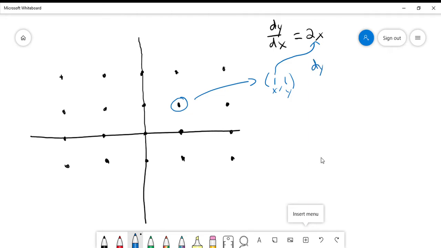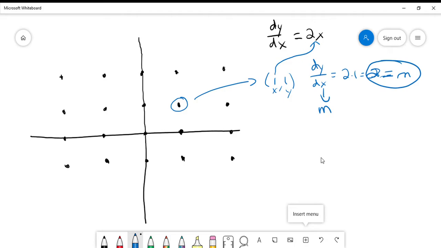If I would have had an x and a y, then I would have put them both in. So dy dx is 2 times 1, which equals 2. Well, remember what dy dx is. It's a slope. So we're saying that right here at this coordinate, the slope of the tangent line would be 2.